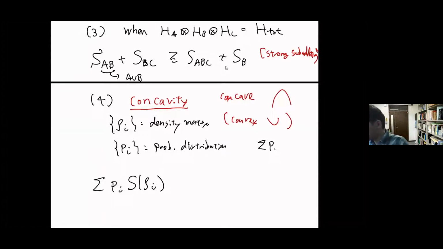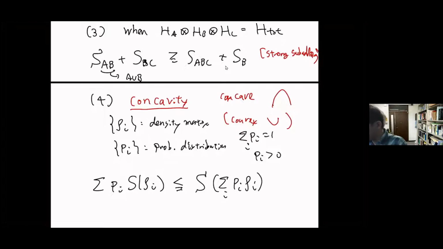Of course, the sum of p_i is 1, and p_i itself is always positive. And the point is that this combination, because of concavity, is always like this.